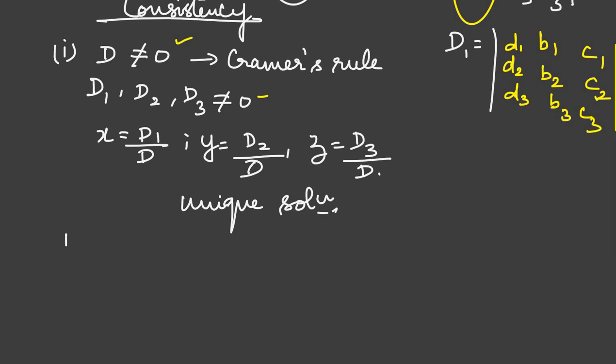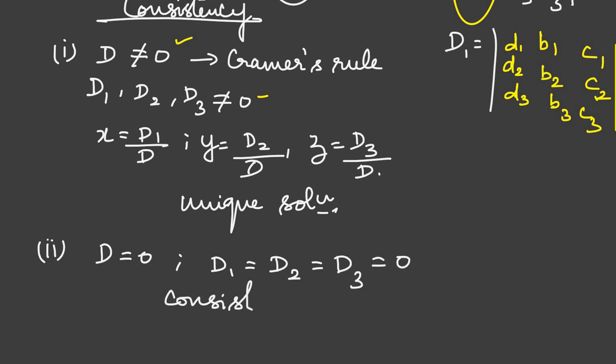Suppose D is equal to 0. Delta is equal to 0 and delta 1, delta 2, D2, D3 all are equal to 0. Then we say the system is consistent having infinite number of solutions.